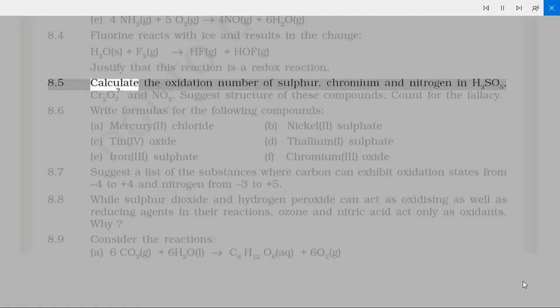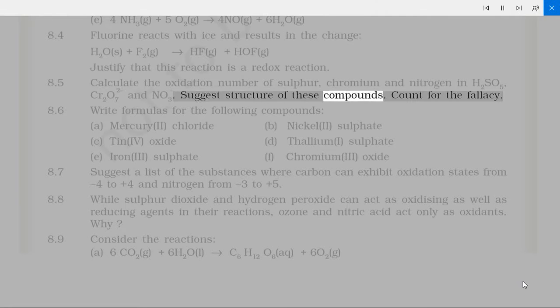8.5 Calculate the oxidation number of sulfur, chromium and nitrogen in H2SO5, Cr2O7^2− and NO3−. Suggest structure of these compounds.